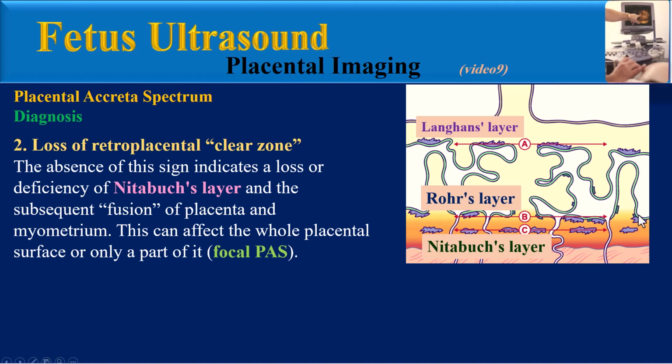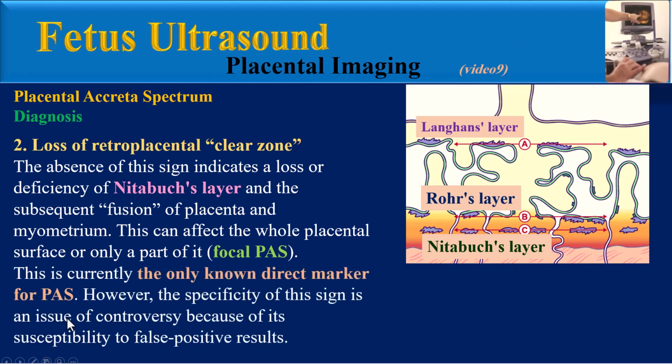This is located at the boundary between the zona spongiosa and the zona compacta, where the release of the placenta takes place after delivery. This is currently the only known direct marker for placenta accreta. However, the specificity of this sign is an issue of controversy because of its susceptibility to false positive results.